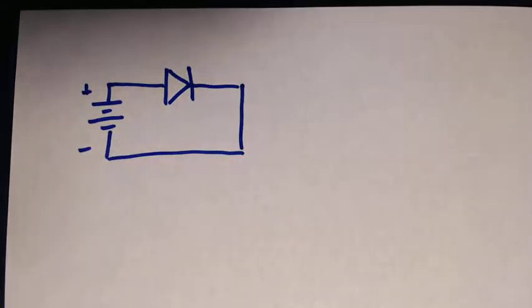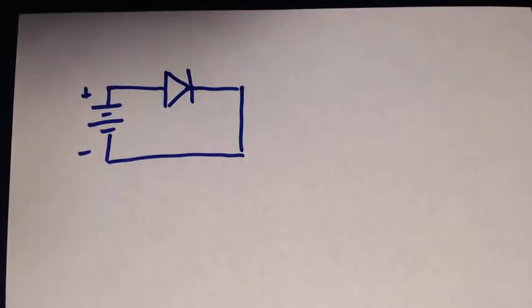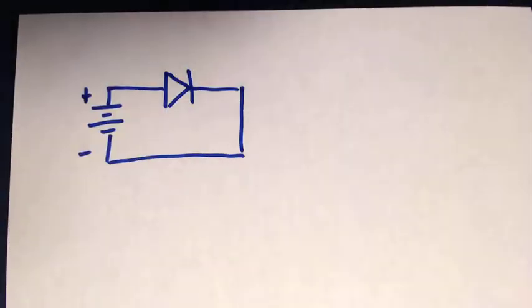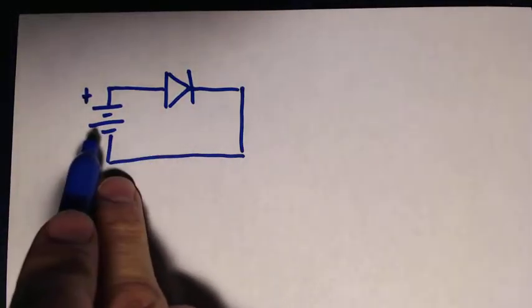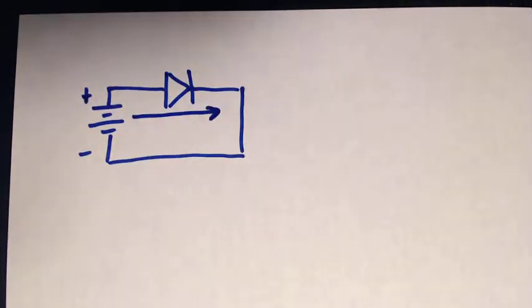Okay, so I've done that. We have a diode, and we know current is only going to flow in one direction. Now, if we look at the polarity of our voltage source, right now it's telling us we're trying to push current in this direction.